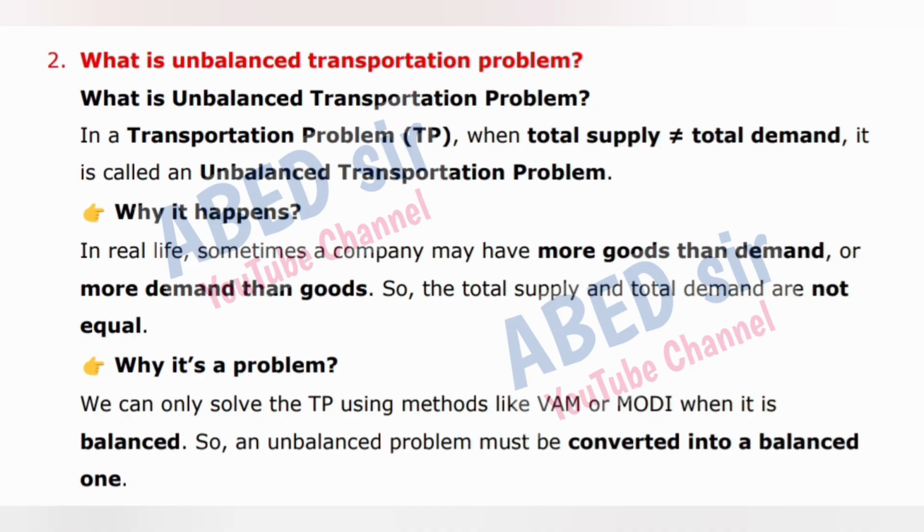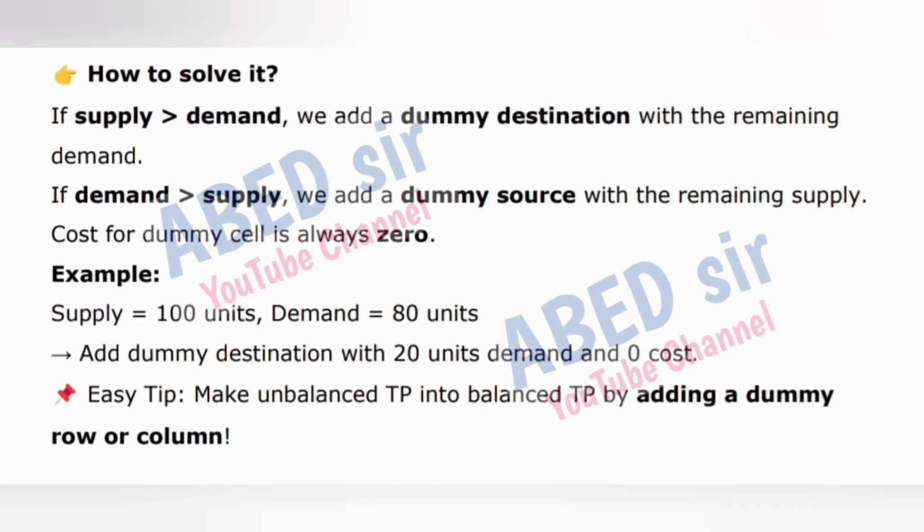Why it's a problem? We can only solve the TP using methods like VAM or Modi when it is balanced. So, an unbalanced problem must be converted into a balanced one. How to solve it? If supply > demand, we add a dummy destination with the remaining demand. If demand > supply, we add a dummy source with the remaining supply.